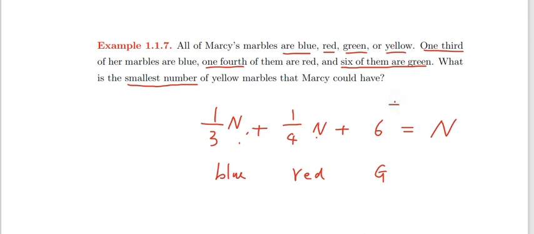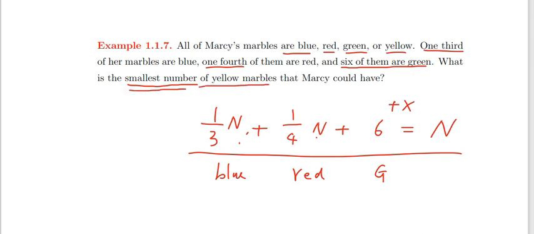Suppose yellow is x. We have this equation now: blue one, 1/3 n; red one, 1/4 n; green one, 6; and yellow one, we put x. So the question is, what is the smallest number of yellow ones?